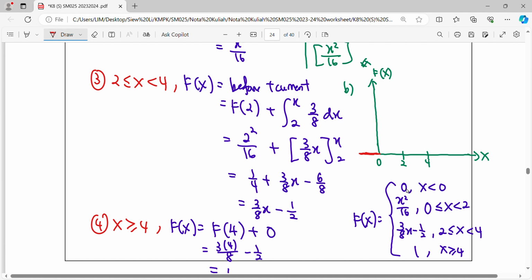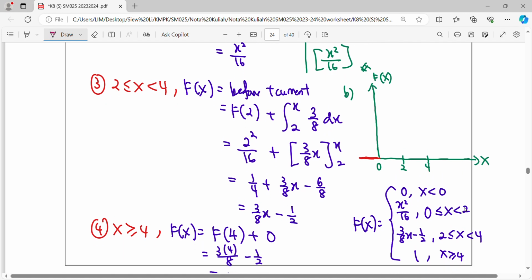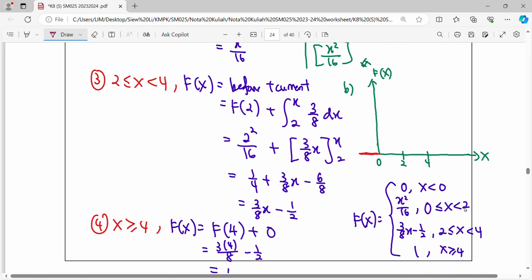Then when you come to the second interval, from 0 until 2, you have to find out what is your starting point for this graph, what is your ending point for this graph. So when x equals 0, what's your y? 0.